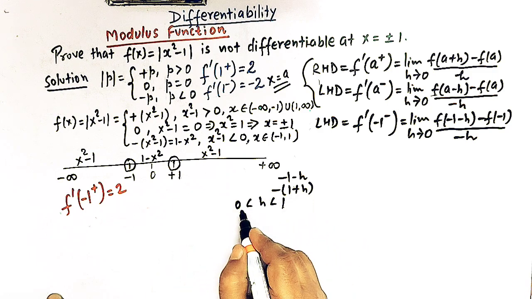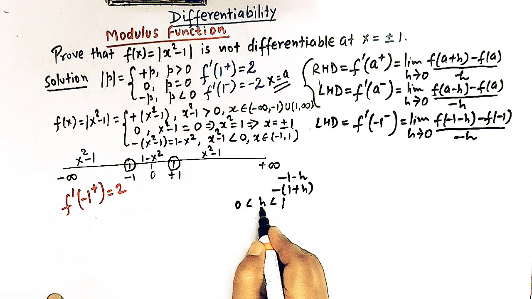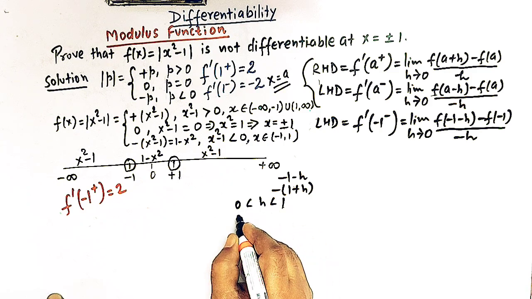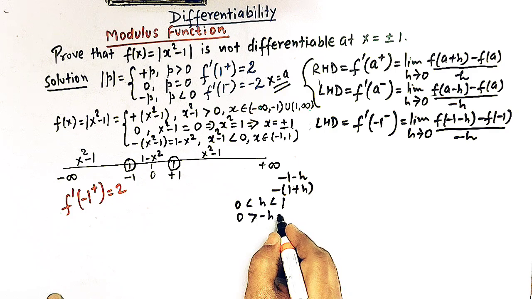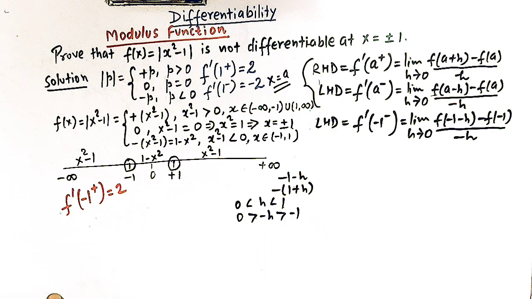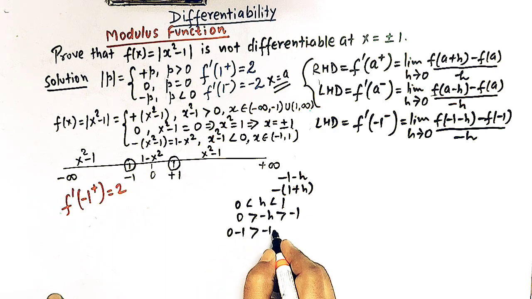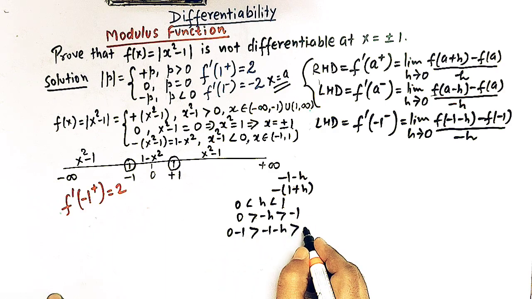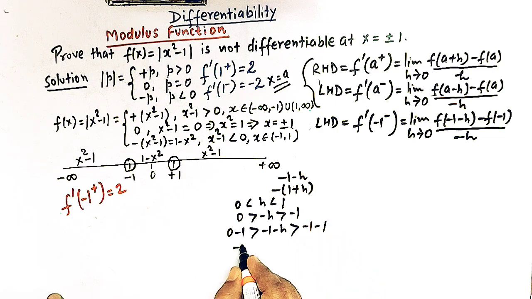So if we multiply throughout by negative 1, then we have 0, then we have minus h, and we have minus 1. The direction of the inequality gets reversed, and if we add minus 1 throughout, then we have 0 minus 1, then minus 1 minus h, and minus 1 minus 1. So we have minus 1 minus h, and this is minus 2.